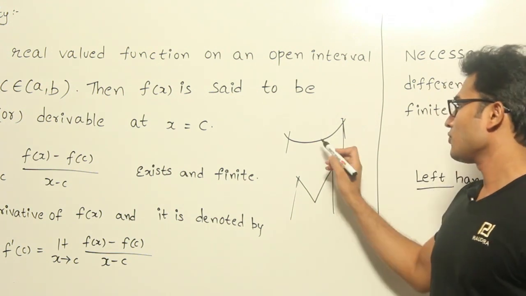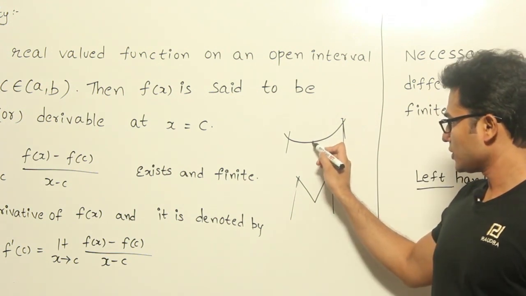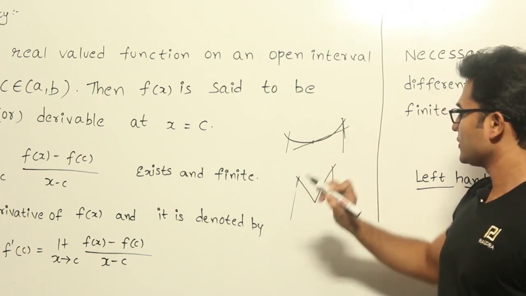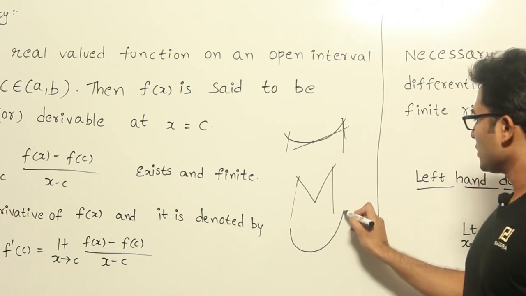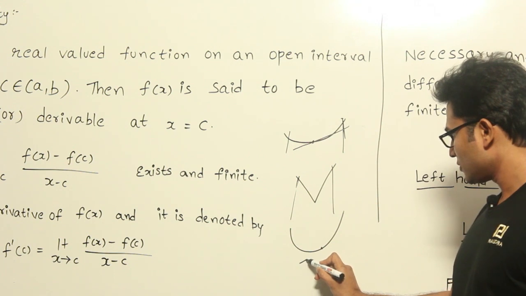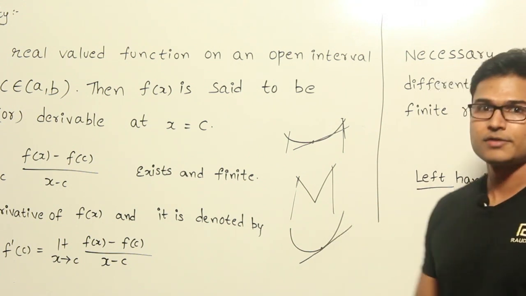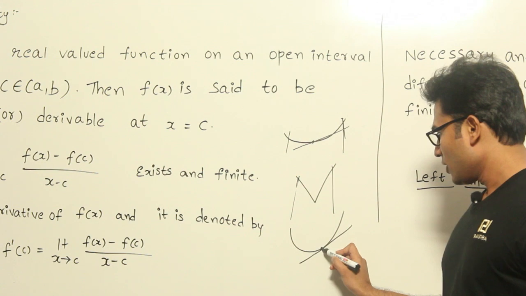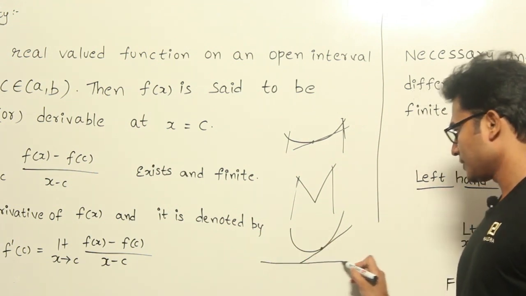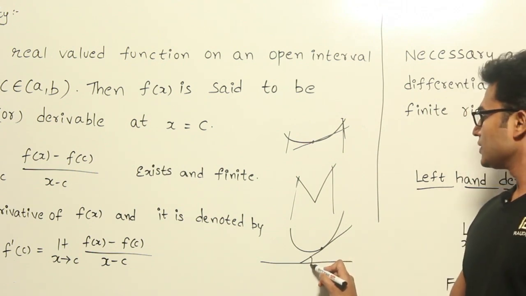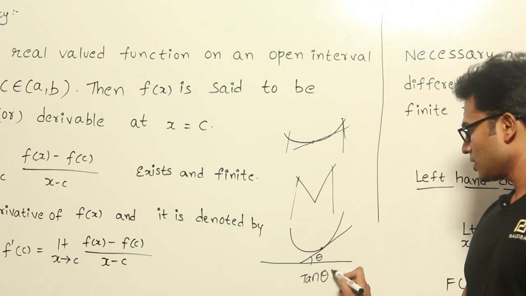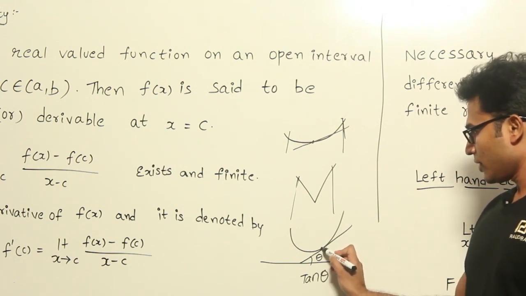The derivative is the slope of a function at a point. If you draw a tangent for the function at that point, and let's say this is the x-axis and this angle is theta, then tan theta is nothing but the slope of the tangent for the function at this point.